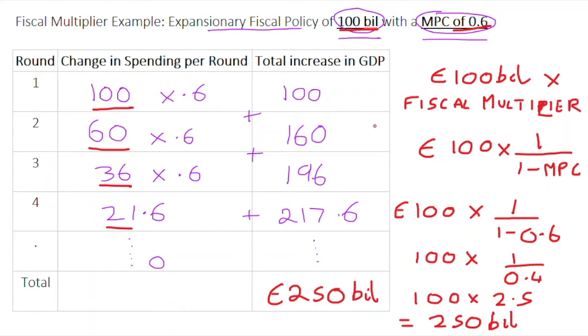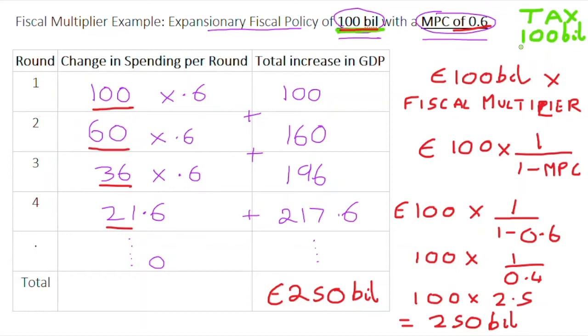Now, just as an add-on to this one here, this is the case of increased expenditure, the 100 billion. If the government was to try and implement expansionary fiscal policy through a tax reduction to the same value of 100 billion here, the effect may be somewhat less, because when the government spends 100 billion, we can be sure that this will have 100 billion round one effect, and that the multiplier will act after that.